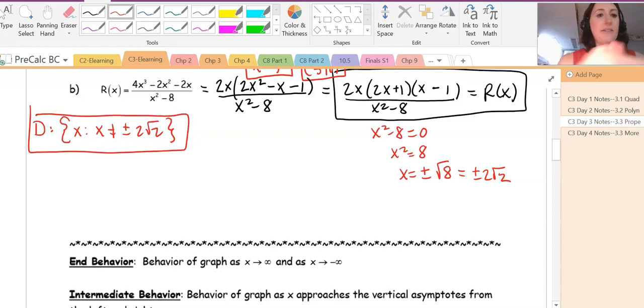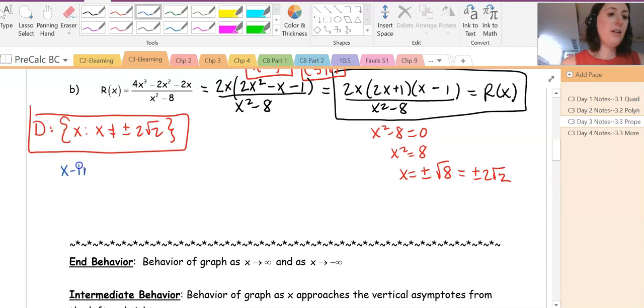What else do we have to do? X-intercept. All right, so again, my x-intercept, I'm going to go from my final factored form, and I'm going to essentially cross multiply once I have a 0 in for r of x.